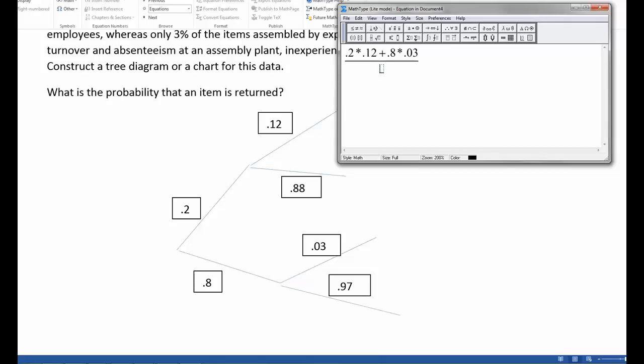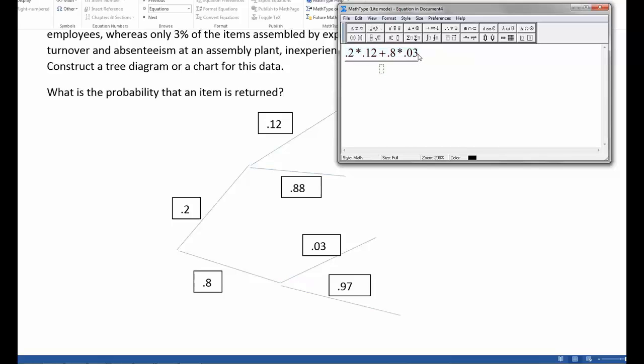I'm sorry, this is the likelihood that it was returned. Actually just this. I'm making up a conditional statement. I'm getting ahead of myself. It's the next part that's conditional.